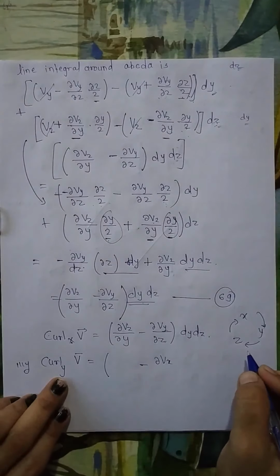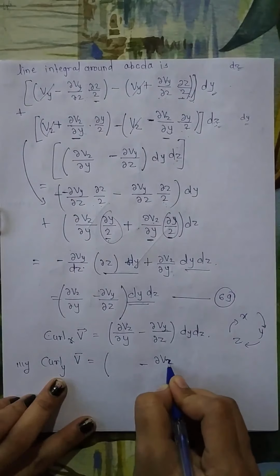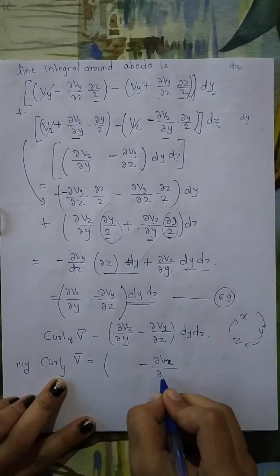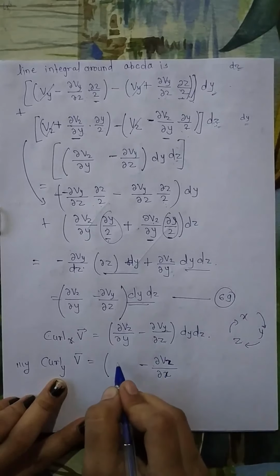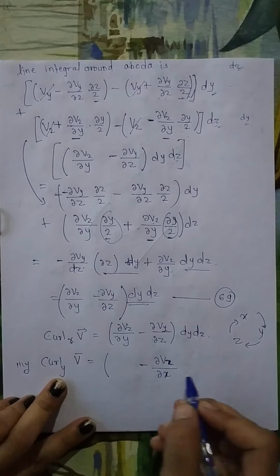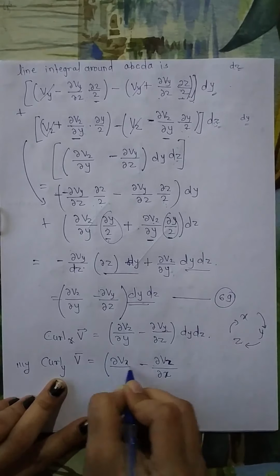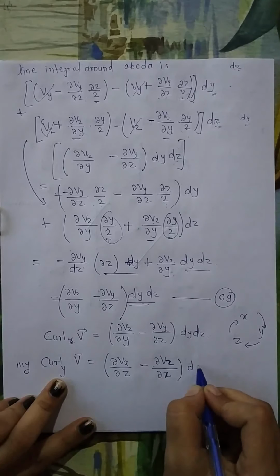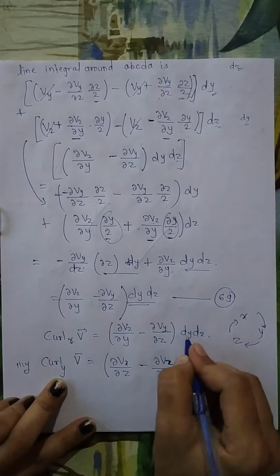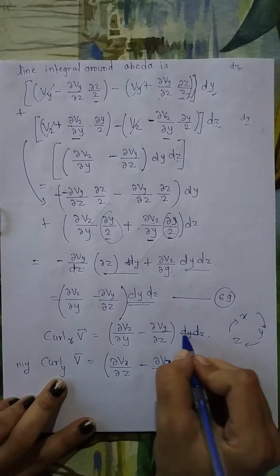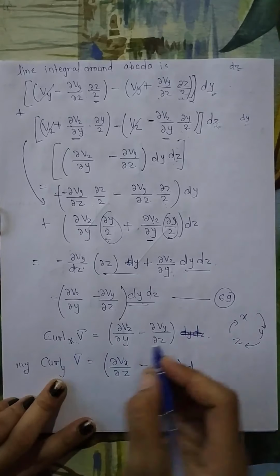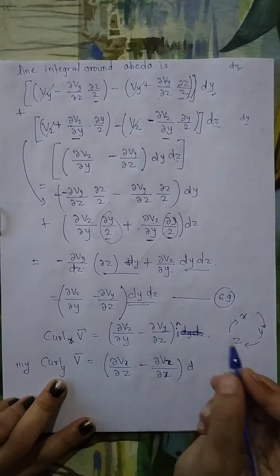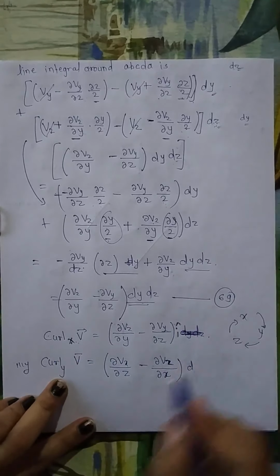So after y we will take here z, that is dou vz, and after z it comes again x. So here dou x, and now the remaining is dou vx upon dou z into, now here in case of curl it is per unit area, so this area will go, and since it is a vector this will be along the x axis, so we will take here i cap. So this is the correction in this equation.